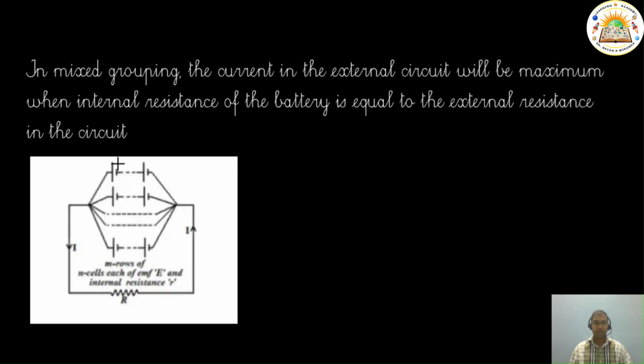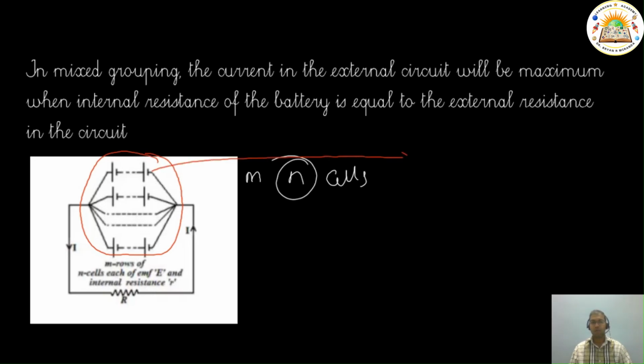So in this circuit, if I see, I have got m cells or m rows that are there with n cells. Now we can consider this entire thing as one huge battery, because for each row, we find nE to be the total EMF, which is going to be the same for all the series, right?